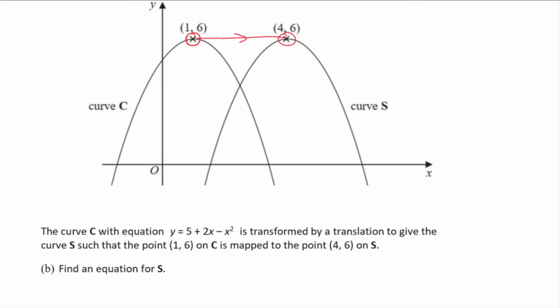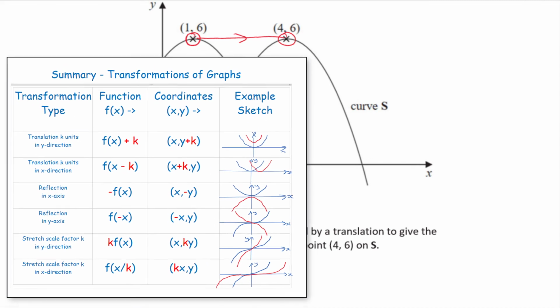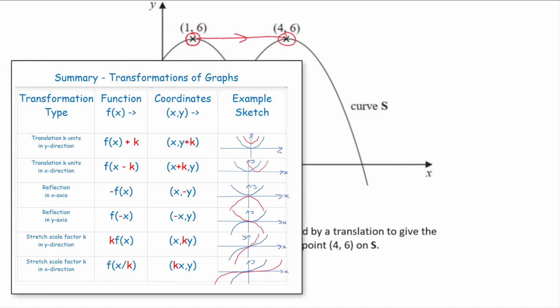Now that is a translation, isn't it? It's been translated 3 units to the right. Okay, so f of x goes to, it's a translation of 3 units in the x direction.